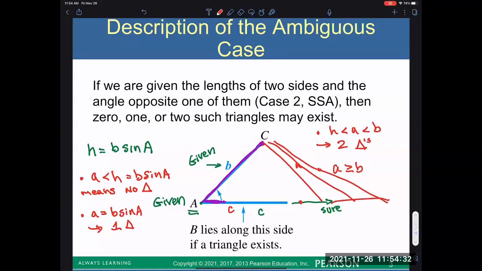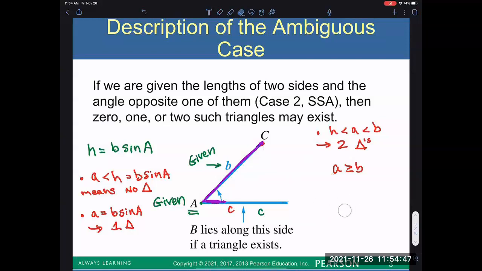By just making C longer, then we could have C go out and meet wherever A landed on the base. And then we could make a triangle that way. So if A is larger than or equal to B, then we have to go out to the right. And that means that we also can only have one triangle.